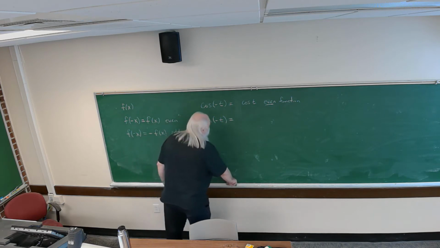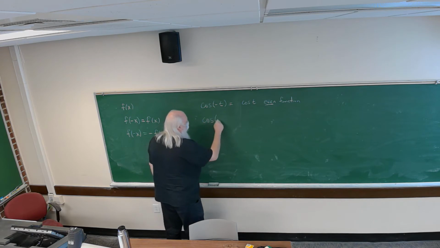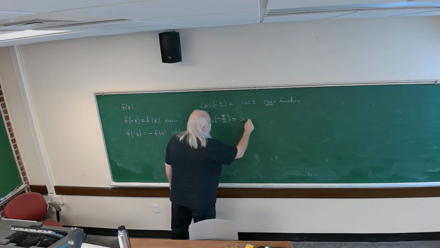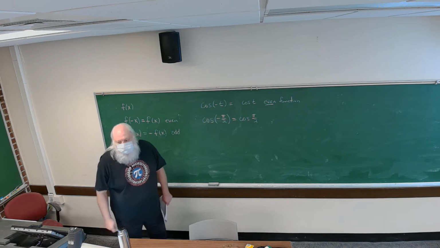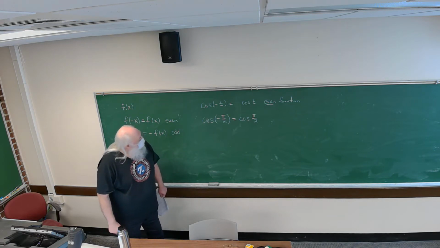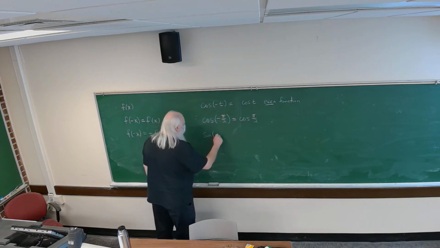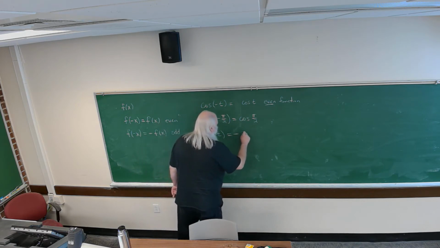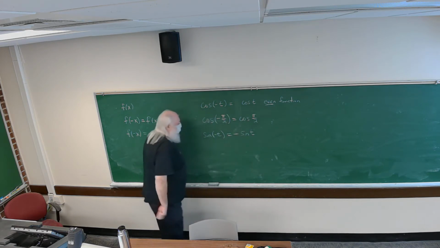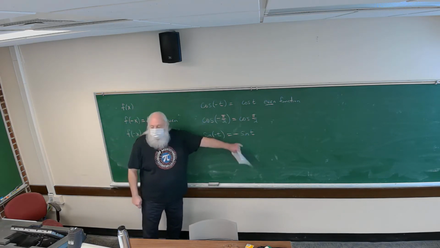So what that tells us is, for example, the cosine of the angle minus pi over 2 radians equals the cosine of plus pi over 2 radians. And it turns out the sine of minus t is equal to the negative of sine t, so this is minus 1 times sine t.